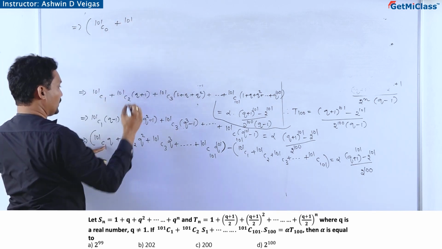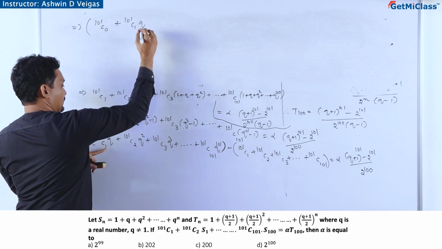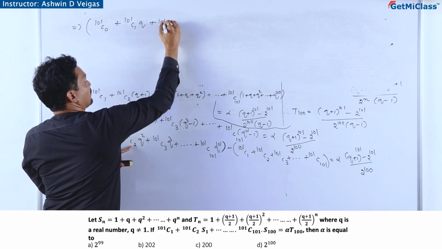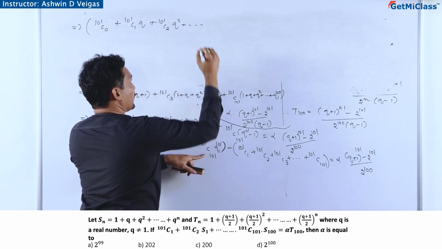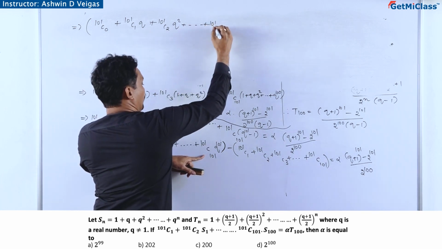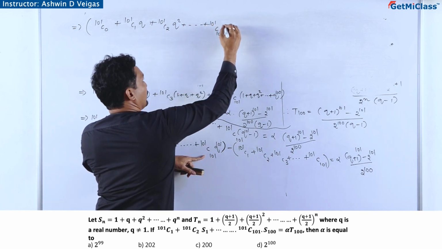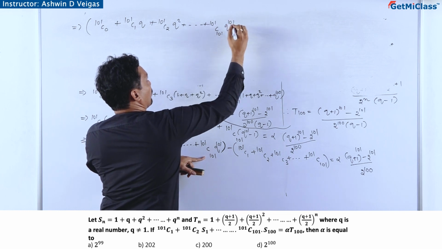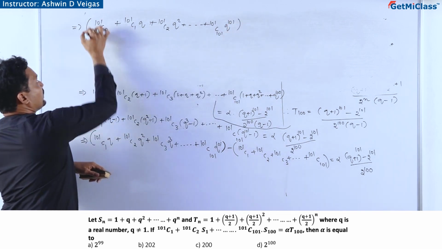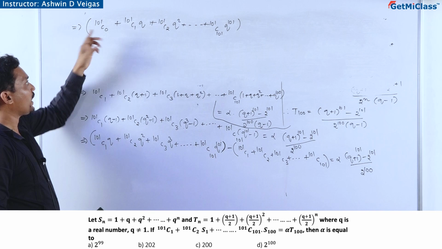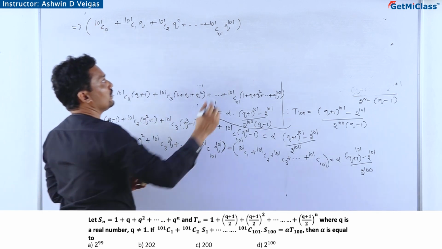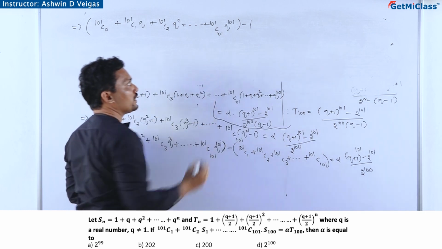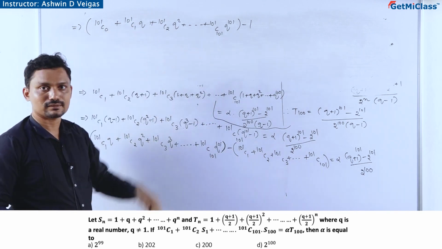So next, all these things I will write as it is, up till 101C101 q power 101. Now this term I have added extra. 101C0 is 1, therefore you have to balance by adding minus 1, so that cancels.